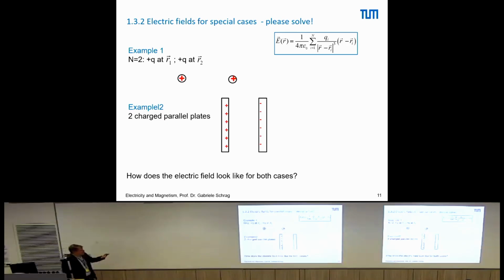This is the scenario that you have when you have a capacitor where you have two charged plates. Then also your lines go from plus to minus, and what you end up getting here is a homogeneous field. Interesting is also what happens outside of these plates, and that we'll see in a moment.